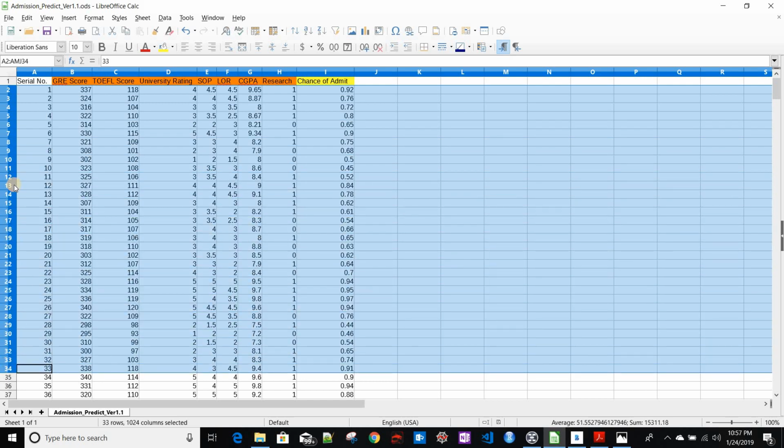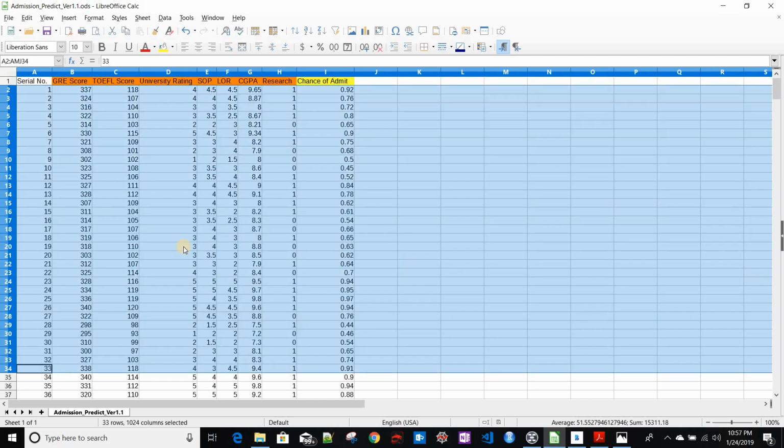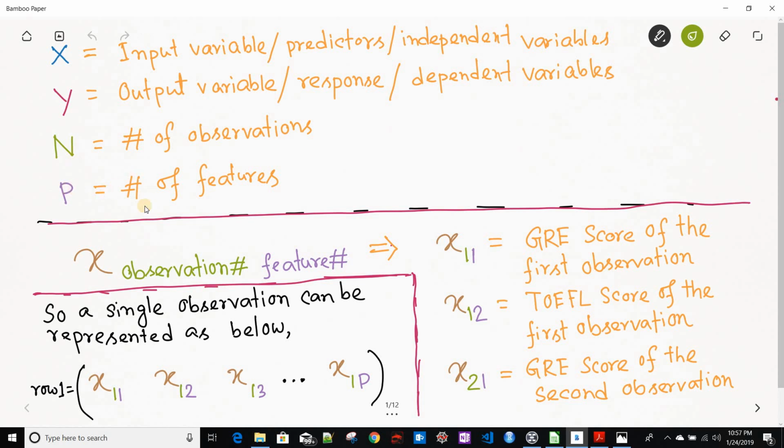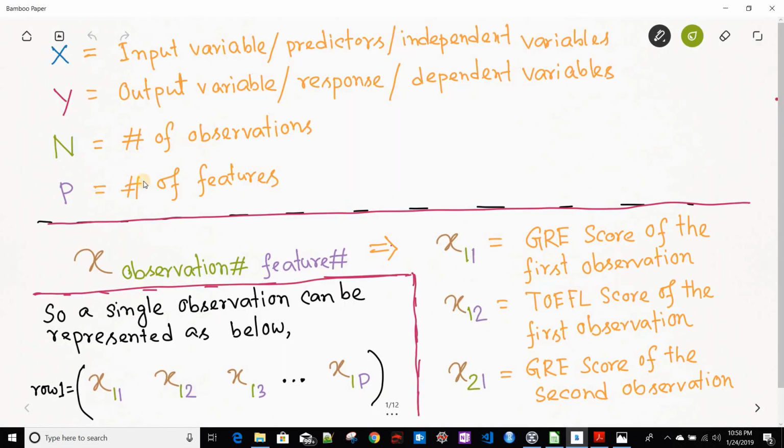Suppose you are using the first 34 for training, then N will be 34. The rest of the data we can use for prediction purposes, to check how the model is working. Now p will be our number of features. As I said, independent variables are called features in machine learning. If we map to our data sheet, it will be 1, 2, 3, 4, 5, 6, 7. So the value of p will be 7 in this case.